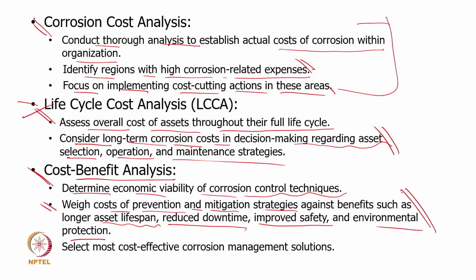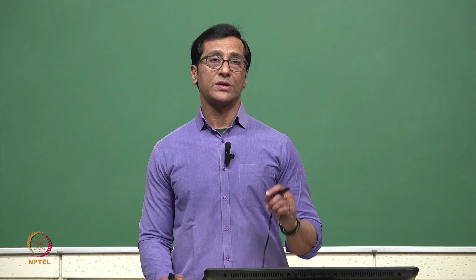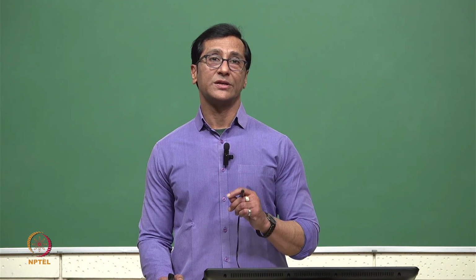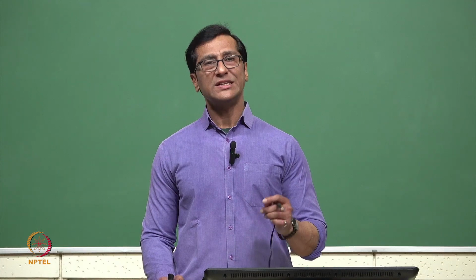In the academic world, we can make any case, but in a real case, we really require real data, so that the overall cost benefit analysis can be done appropriately. If we have those data, we can say it is the most cost effective corrosion management solution. So this is possible. I'll just cover two very simple examples from a mathematics point of view. But when we have data, we can analyze thoroughly.